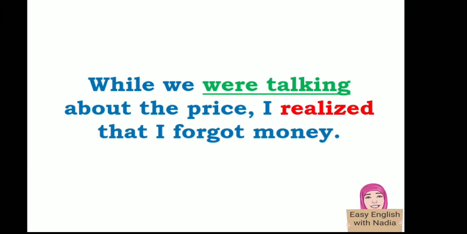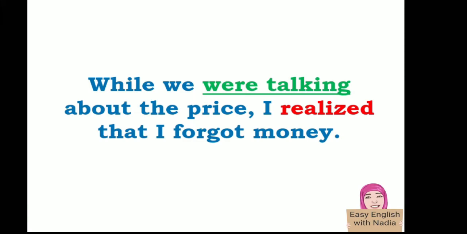While we were talking about the price, I realized that I forgot money. So, in this sentence, we have two actions. A long action, which is we were talking, and a short action, which is I realized. So, the first verb is conjugated in the past continuous because it's a long action.